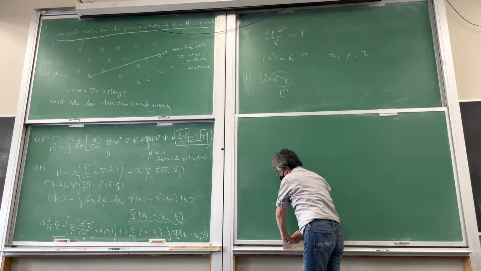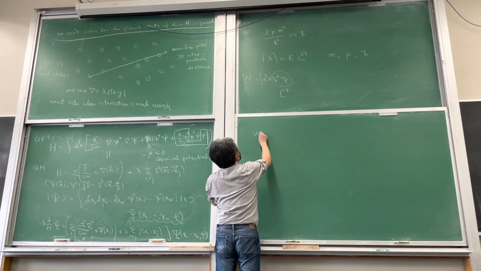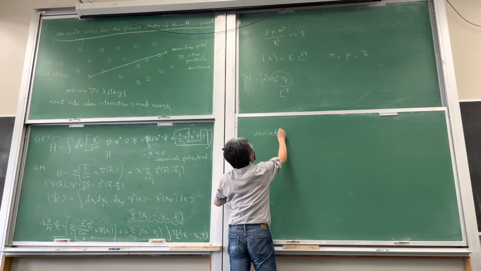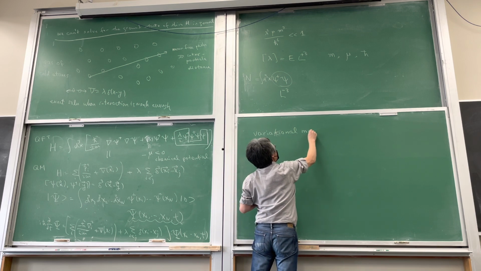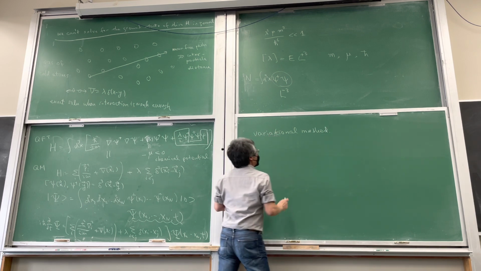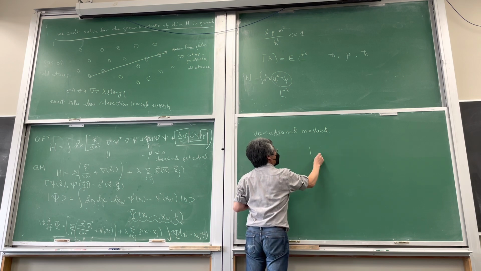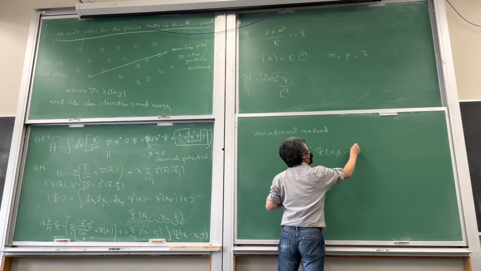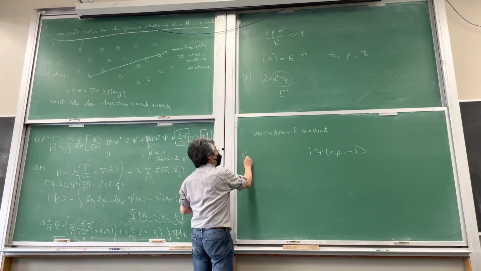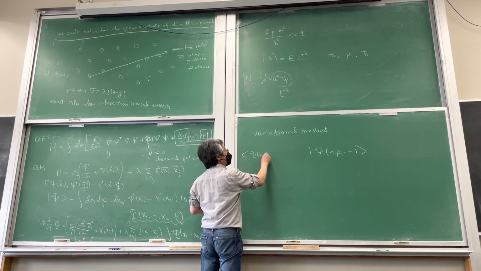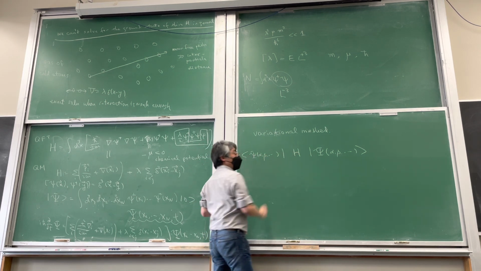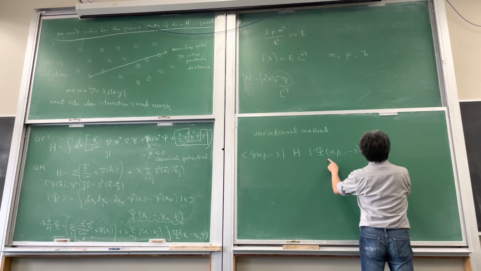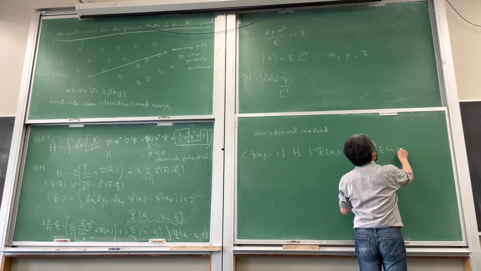Then I already mentioned last week that we resort to the variational method, that you come up with some kind of ansatz which depends on some parameters, and then you compute the expectation value of the Hamiltonian using this ansatz state as a function of these parameters.